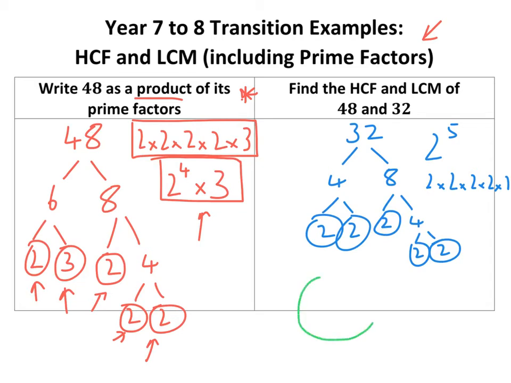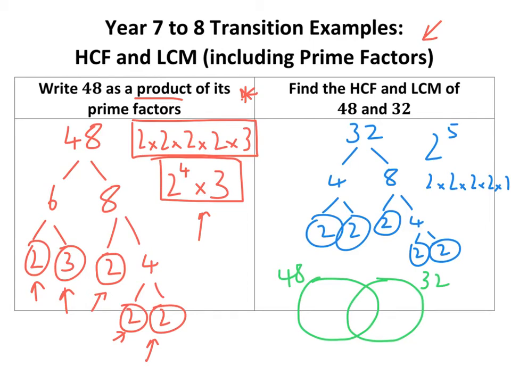Now then, I'm going to change colour again, I'll go to green. I'm now going to draw a Venn diagram, where this is 48 and this is 32. Now all the factors that match up, that I can pair off as it were, go in the middle, and all the ones that are left over go on the outside.